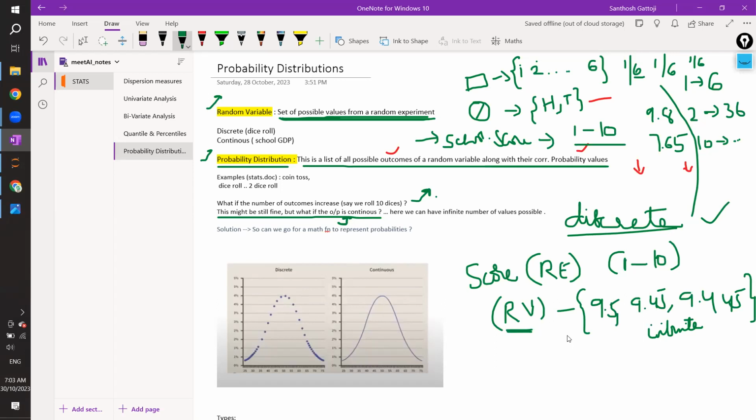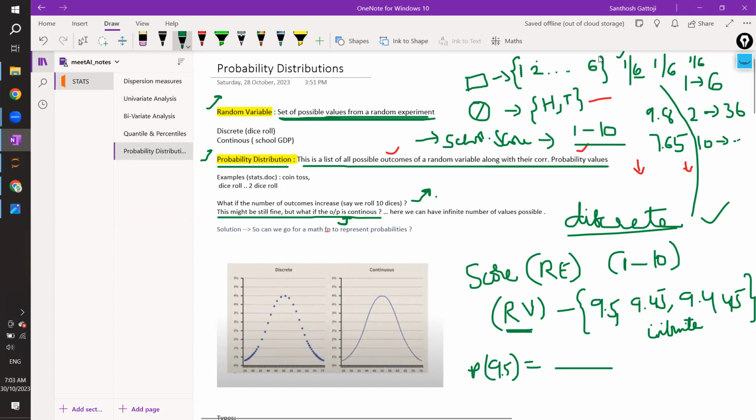Now if you want to calculate the probability of each and every value, for example 9.5, what is the probability? How many times is 9.5 repeating, over the overall values? Here, what is the probability of 1? How many times is 1 repeating?